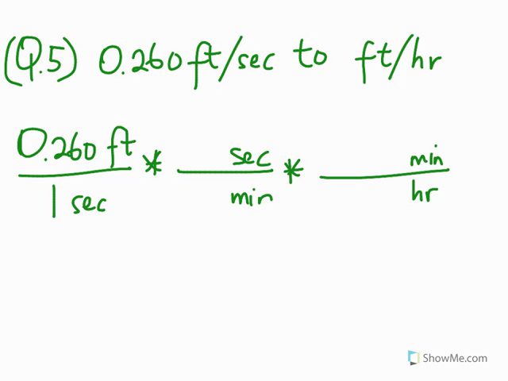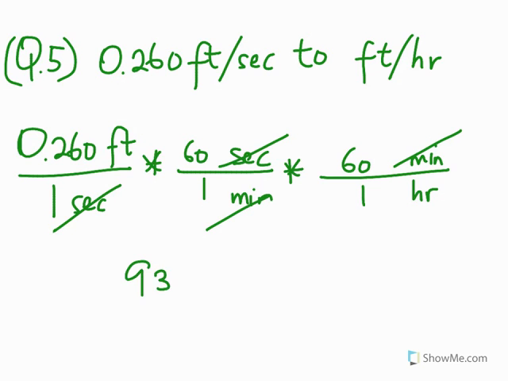What is the relationship between seconds and minutes? 60 seconds make 1 minute, and 60 minutes make 1 hour. With 3 significant digits in our original, when we multiply that, we have 936 feet per hour. And this becomes our final answer.